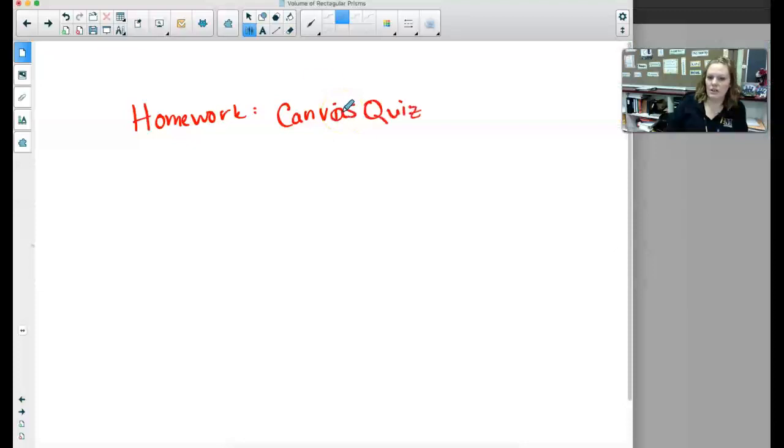It is all going to be about rectangular prisms. So you just have to do a couple problems on finding the volume of a rectangular prism. If you have questions, make sure you email me and ask, or ask a friend, or come to the live Zoom session and I will be able to help you.